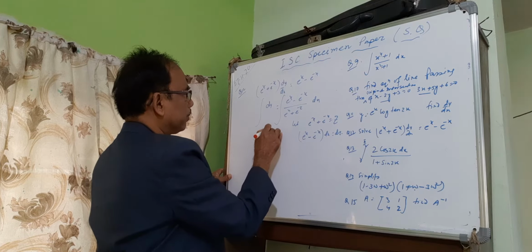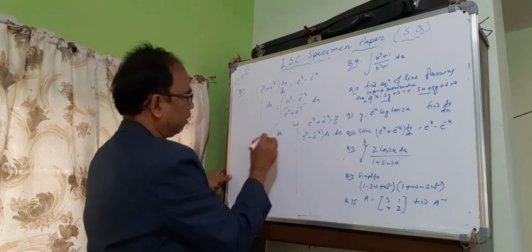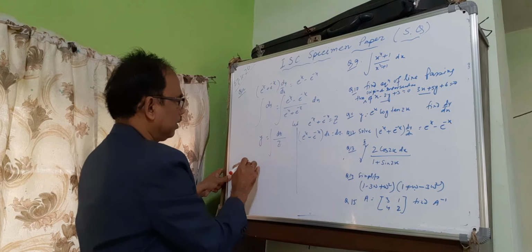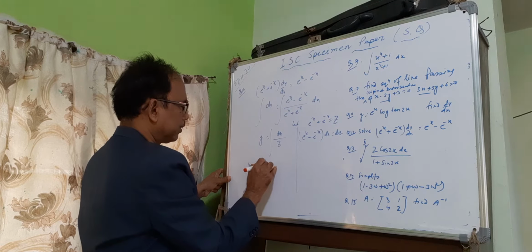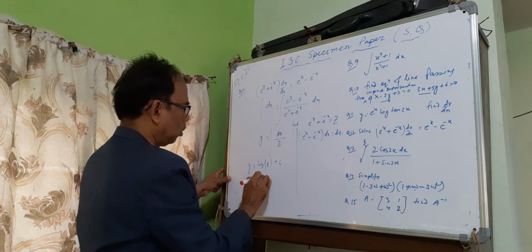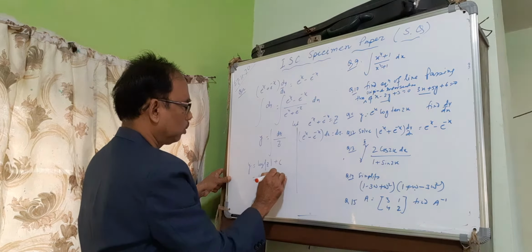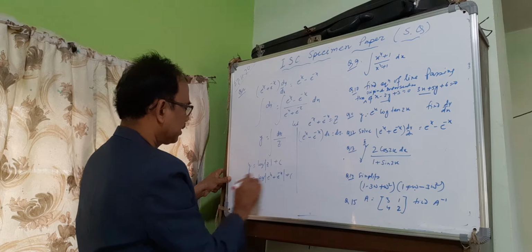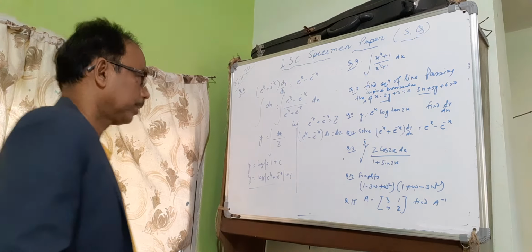So here this will be dz by z. Then y equals log z plus c. That is, log z means y = log(e^x + e^(-x)) + c. That is the solution of the given equation.